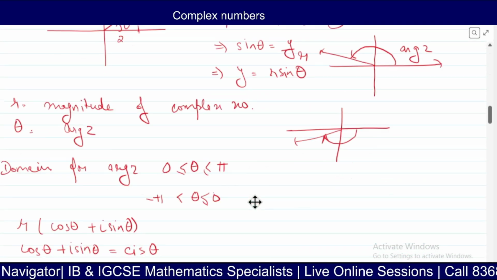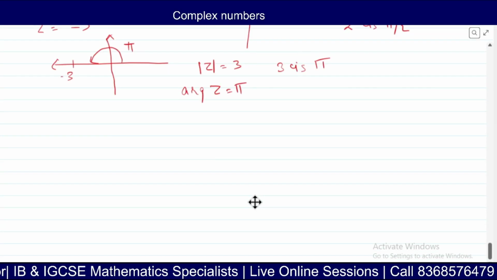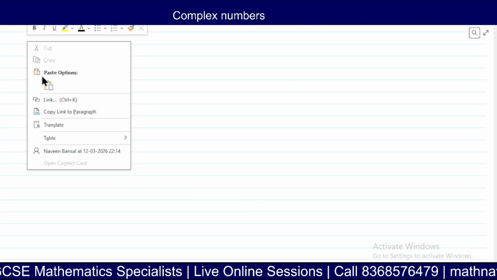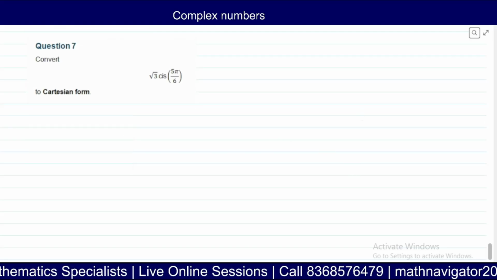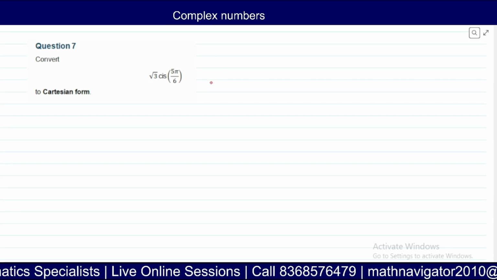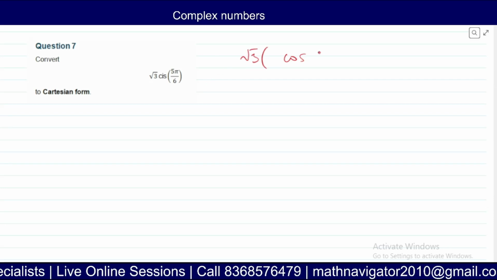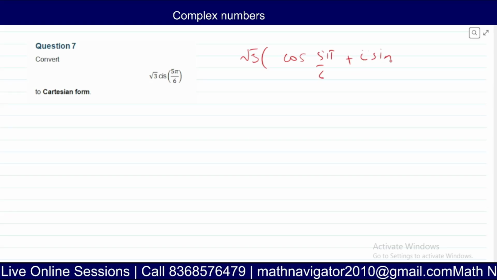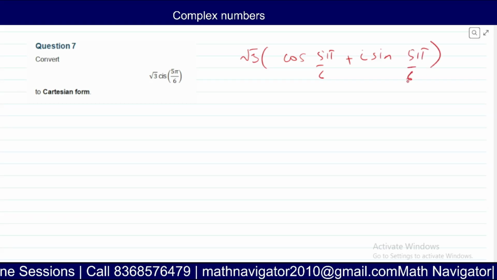Now I want to convert this into the Cartesian form. Let's do it. So first I'll write it in a very simple form. I can write it like root 3 cos 5 pi by 6 plus i sine 5 pi by 6.